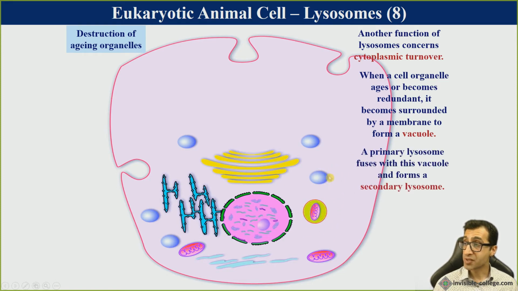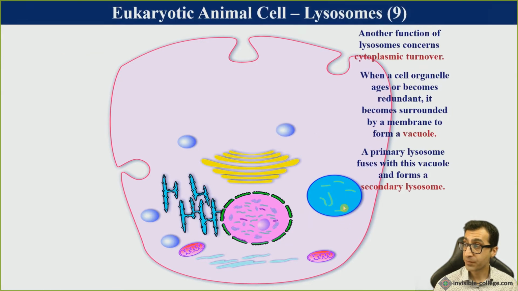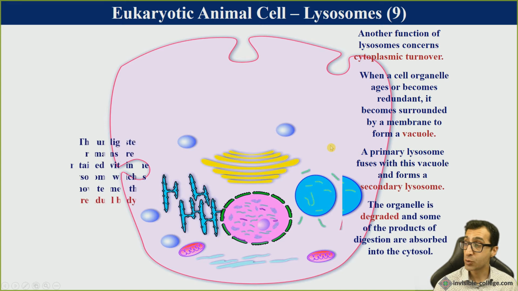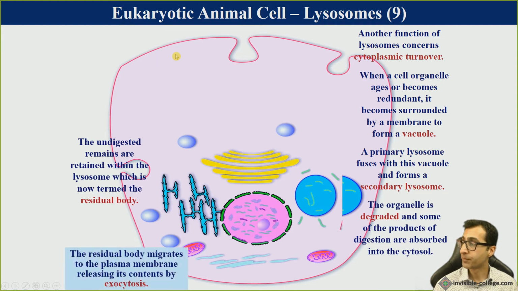A primary lysosome will then fuse with this to form a secondary lysosome, where the contents of the lysosome and this vacuole will then mix. The redundant organelle is then digested by the enzymes from the lysosome, and the products of that digestion are then absorbed by the cell, and some of the waste products which are not needed by the cell form a residual body, which is then exocytosed to eject those waste products out of the cell.